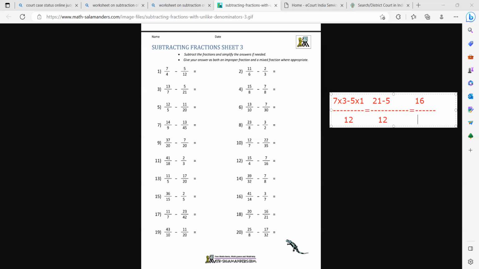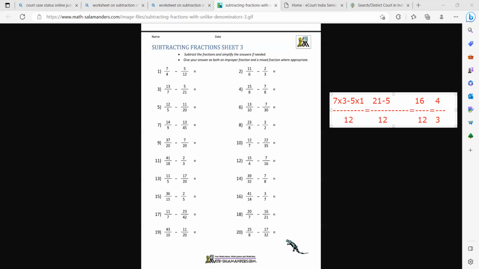Now what can we do? We can also divide both 16 and 12 by the same number, that is 4. If we divide 16 by 4, it will be 4. We have 4 into 4 as 16 and 4 into 3 as 12.